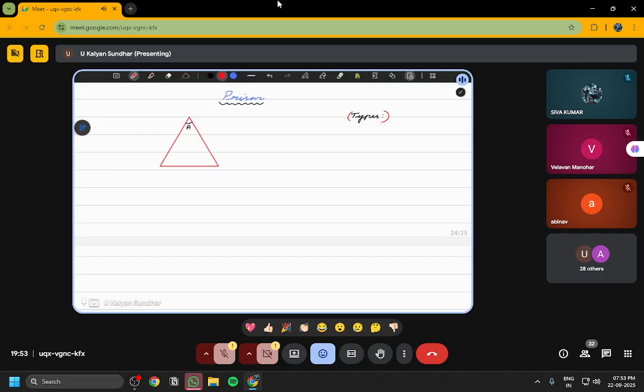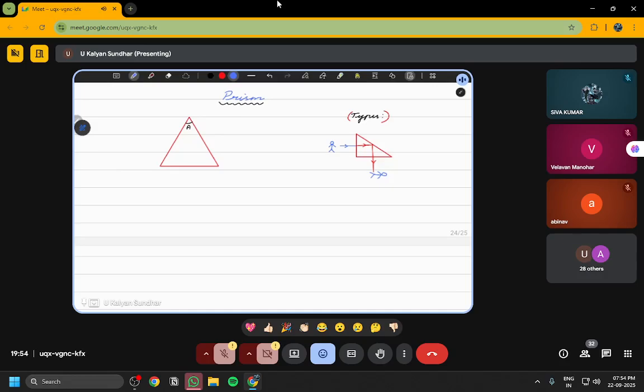Total internal reflection. The first one is if you have a right angle prism. Here is an object; it hits, goes like this, and the total internal reflection will be something like this.